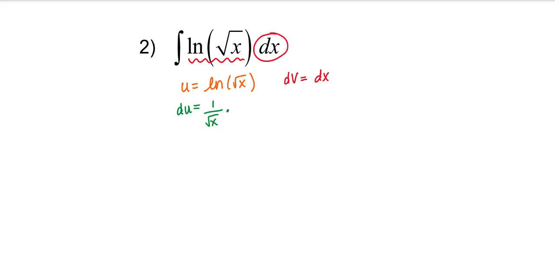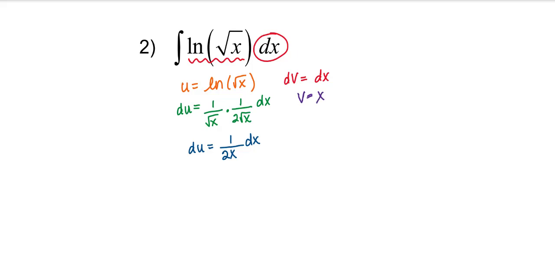The derivative of square root of x is 1 over 2 square root of x, or 1/2 x to the negative half, with a dx. I will rewrite that here because this is just 1 over 2x times the dx. Now on the right-hand side, I have dv, so that means I anti-differentiate. dx, or 1 dx, just becomes x.